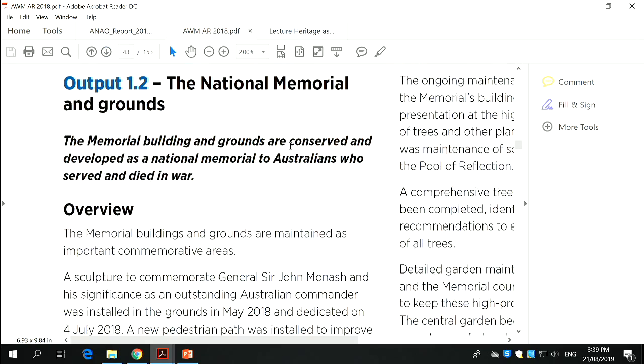If you look at some other performance indicators provided in the annual report, they talk about the memorial buildings and grounds being conserved and developed as a national memorial to Australians. They require maintenance and conservation, which is more important than the valuations.